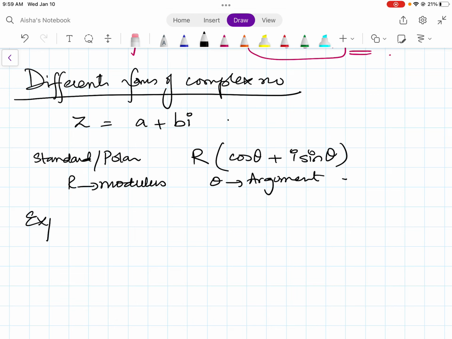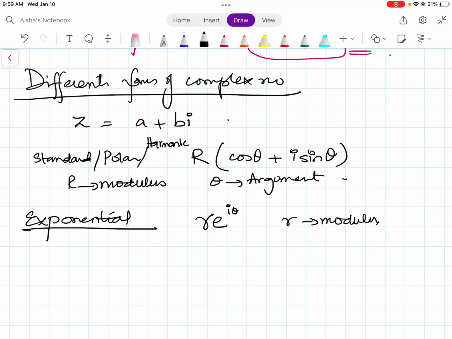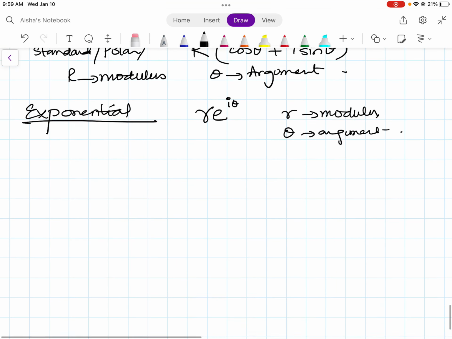Exponential form is r e to the power i theta, where r is the modulus and theta is the argument.